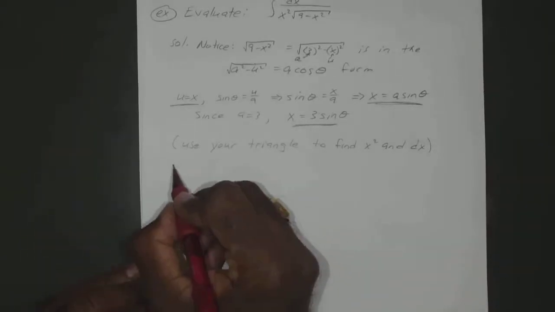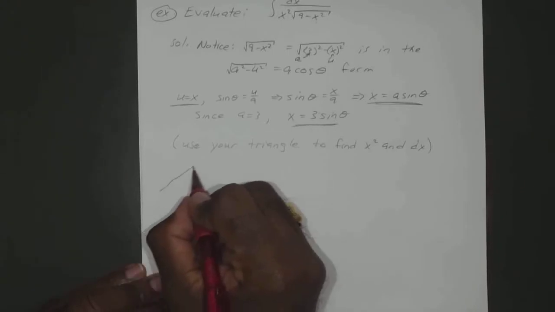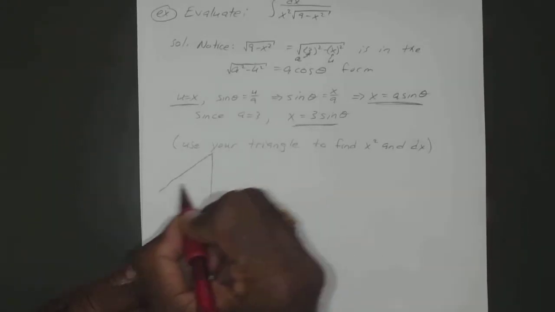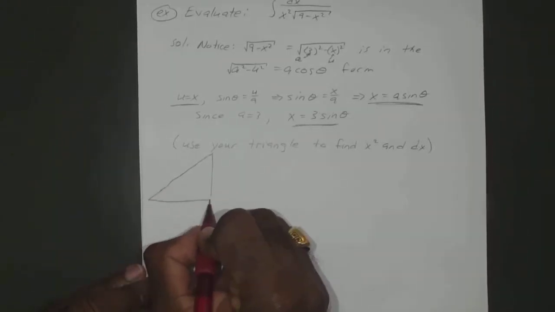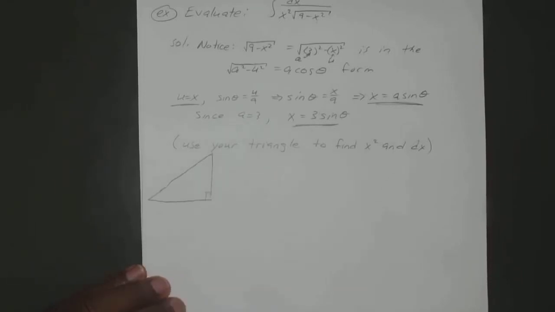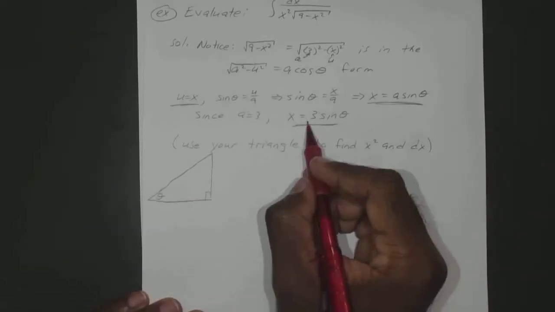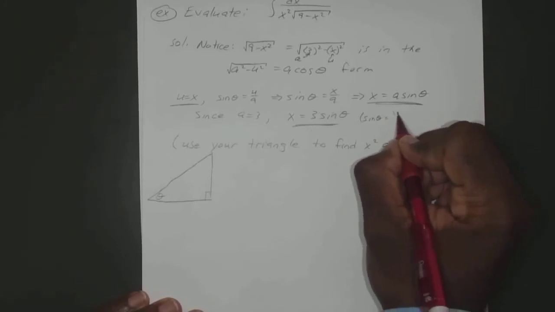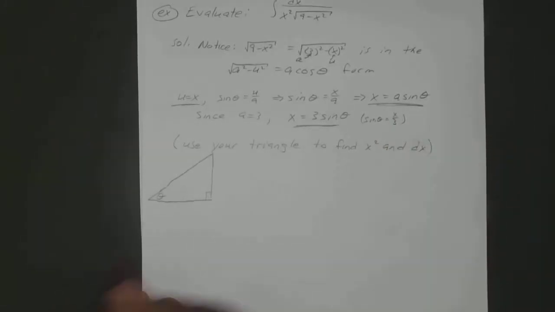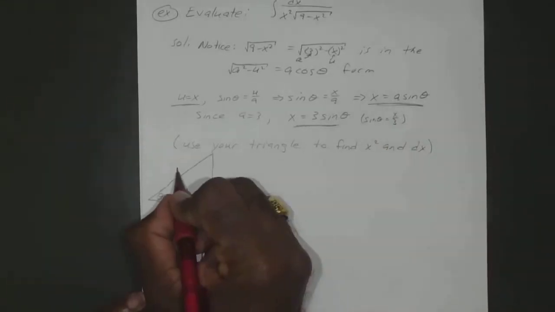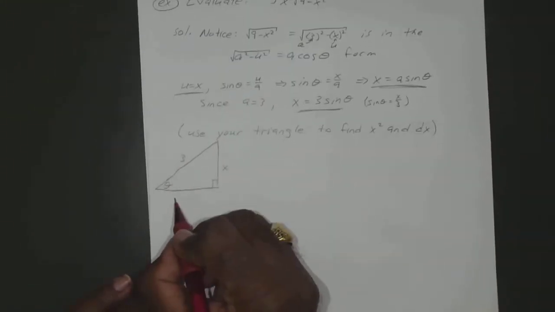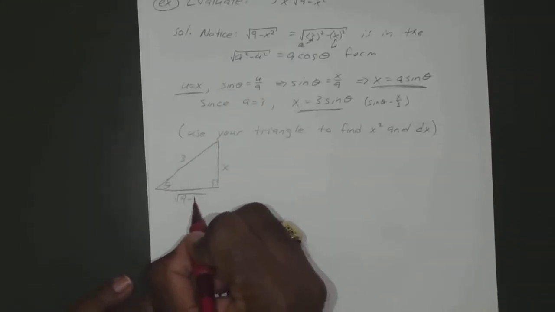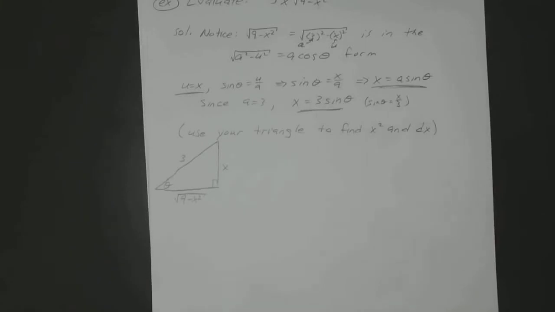All right, so if you have your triangle, which we're going to draw right out, sine is opposite over hypotenuse. So if sine of theta is equal to x over 3, opposite is x, hypotenuse is 3, and if we solve for the missing side, it would be the square root of 9 minus x squared.